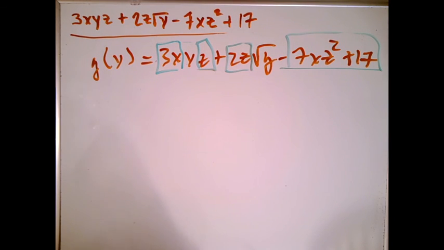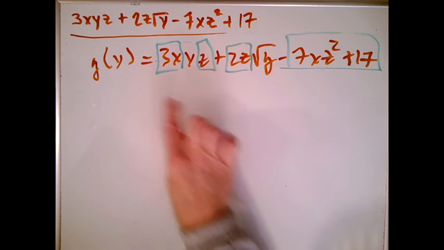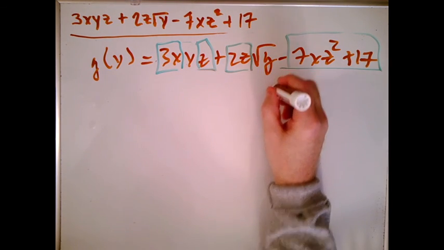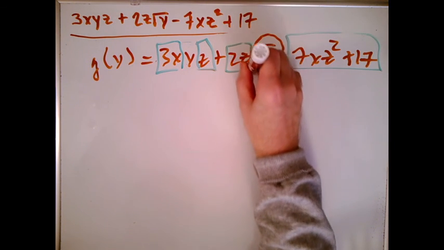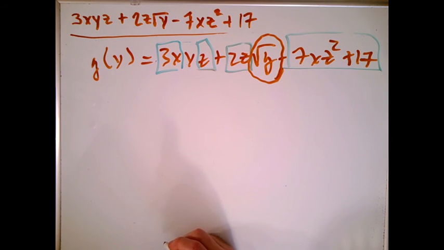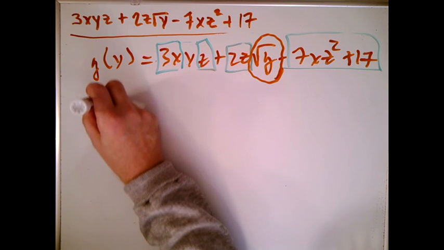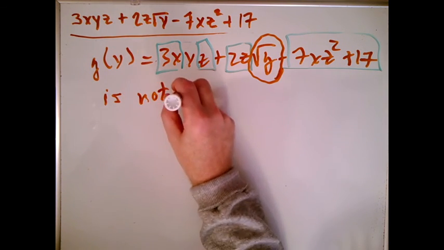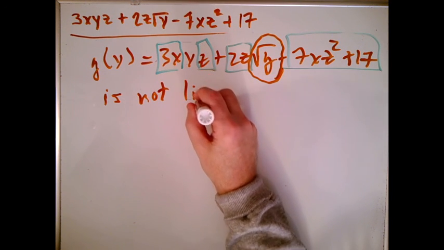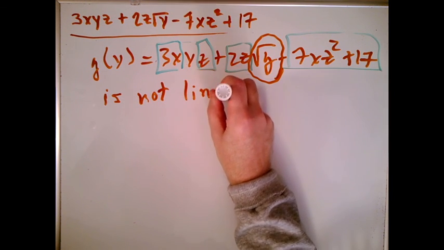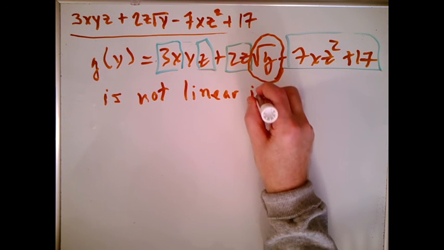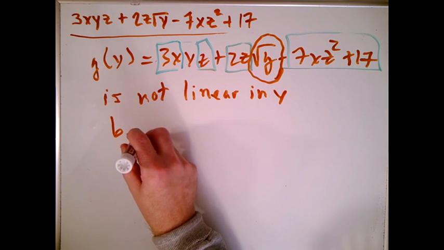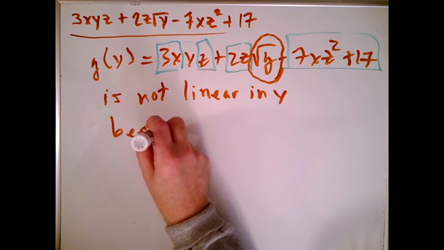Now, the problem is not any of these green constants. The reason this is not linear is because this thing that has the variable in it is not a linear function. It's a square root function. So this is not linear in y, because square root of y is not linear.